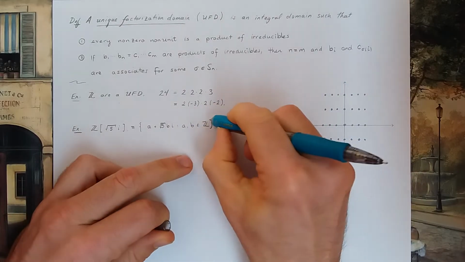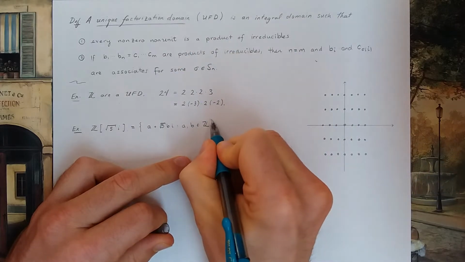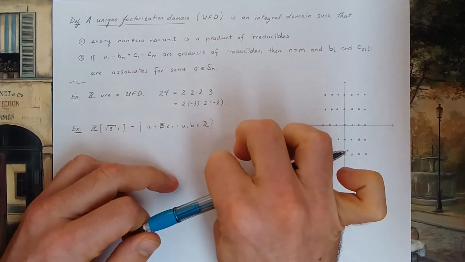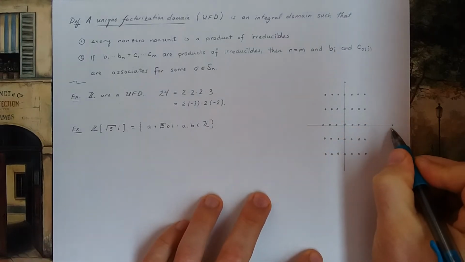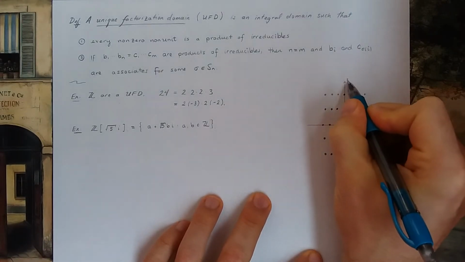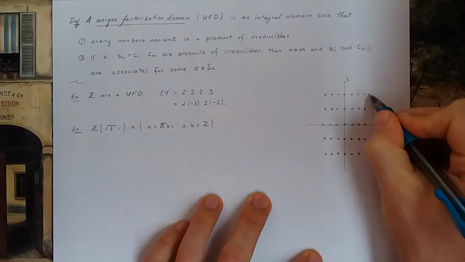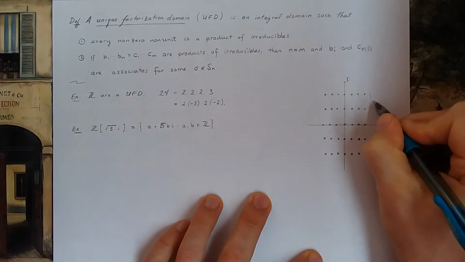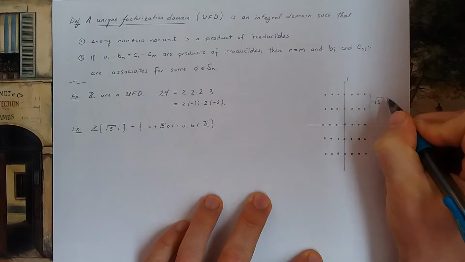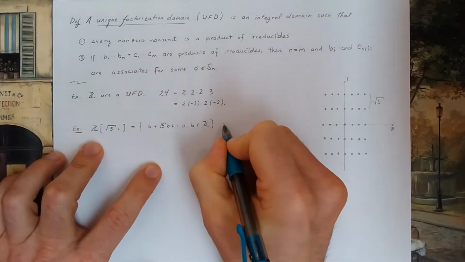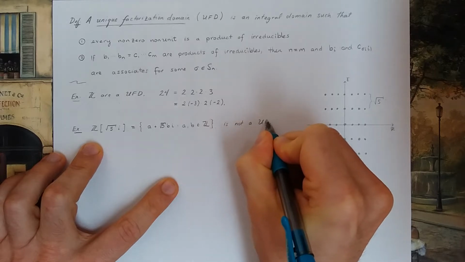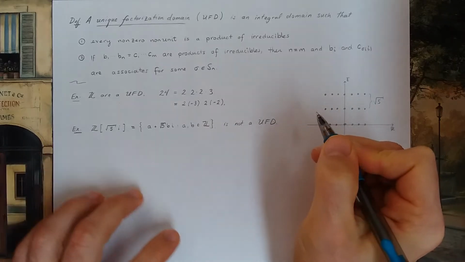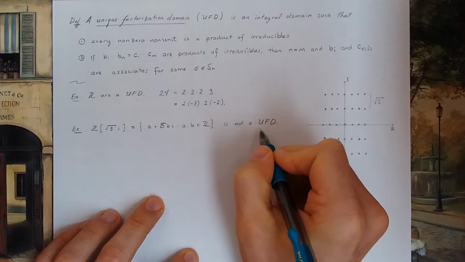So you could depict these graphically in the complex plane. I've tried to do that over here. So here is the real axis, here is the imaginary axis, and I guess the distance between two rows of dots here would be the square root of 5. This is not a UFD. There's not a unique factorization.